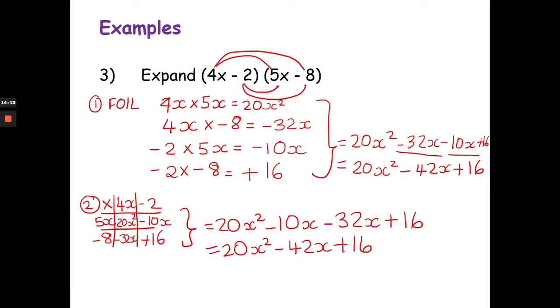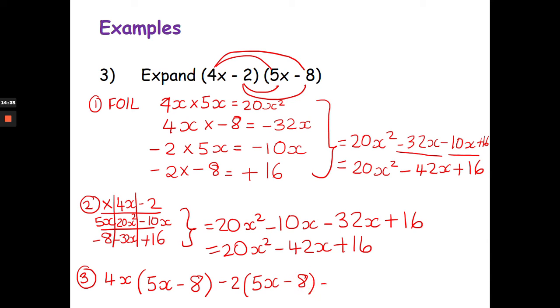Okay, now our last and final method is breaking up the bracket from the first one and multiplying it by everything in the second one. So I have 4x and I'm going to multiply that whole thing by 5x minus 8. Then I have minus 2 and I'm going to multiply that by, again, 5x minus 8.